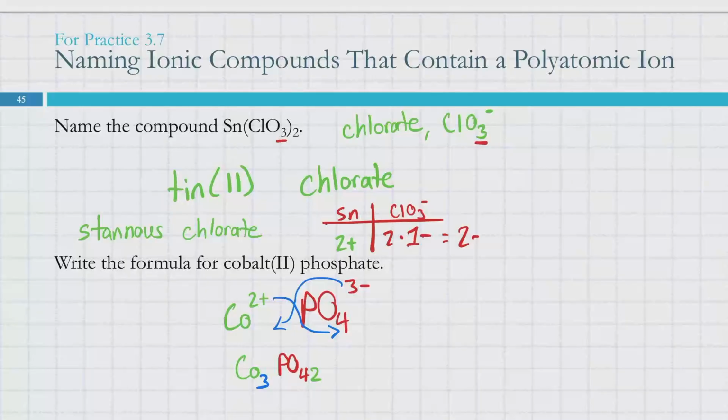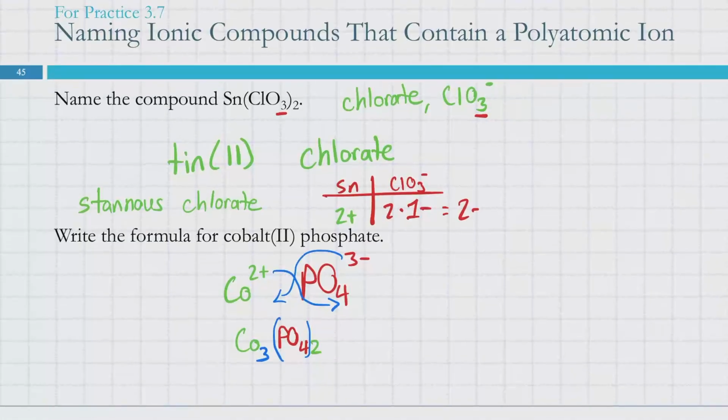We need parentheses around the PO4. If you don't have the parentheses, it might look like PO42, which is crazy. So parentheses are required. This could also be, is it cobaltous phosphate? Probably.